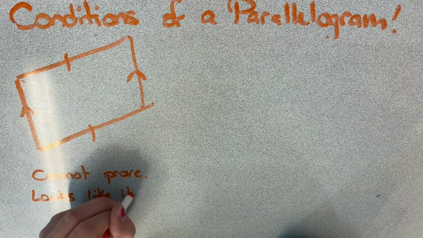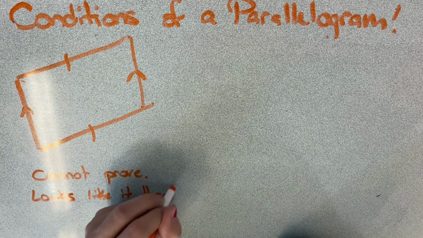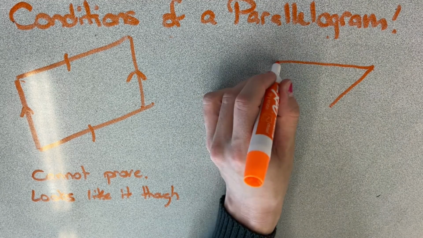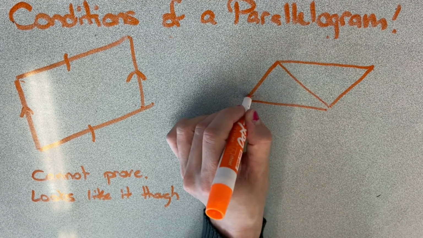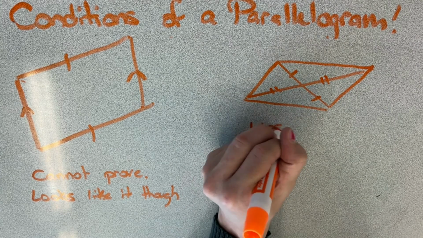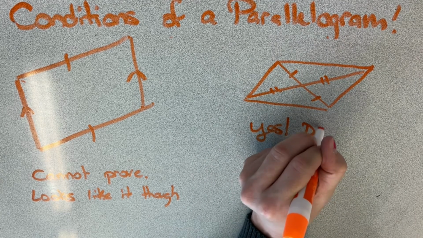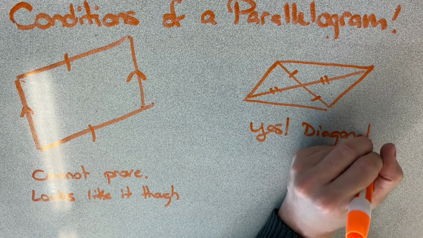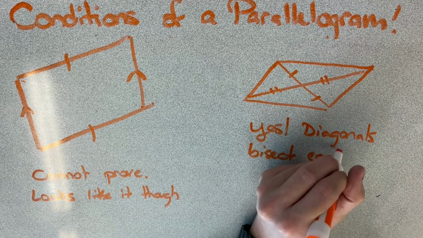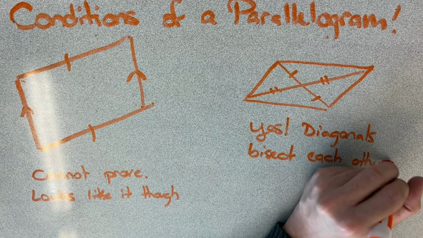It might be a parallelogram though, it sure looks like one, but this description actually matches a figure we'll talk about later. Let's check out example 3. Here we have congruent segments on the inside, and this is pretty directly yes. We have the diagonals bisecting each other, so this is definitely a parallelogram.